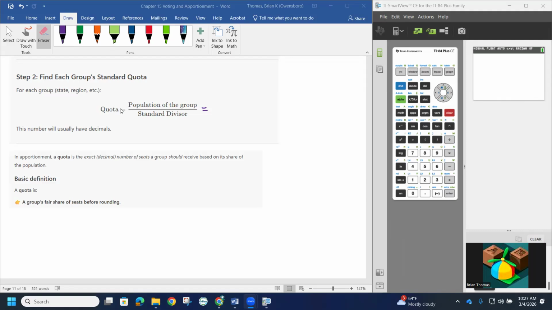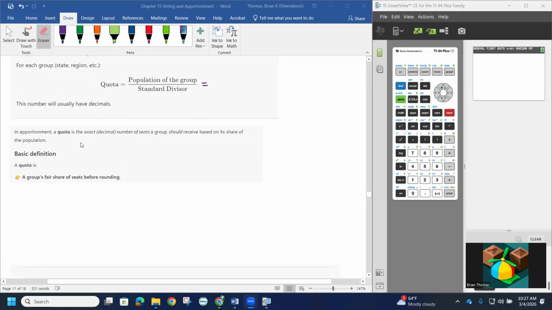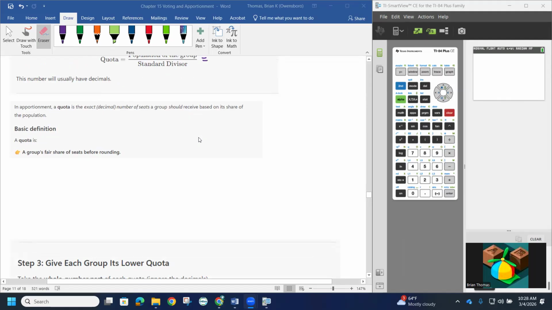The quota is the population of each group or state divided by the standard divisor, which tells me how to share the seats among the states. This number we usually leave as a decimal. In apportionment, the quota is the exact decimal number of seats each group should receive. We're going to leave these as decimals, and that's where our calculator is going to come in.